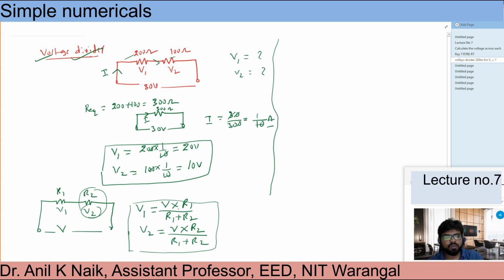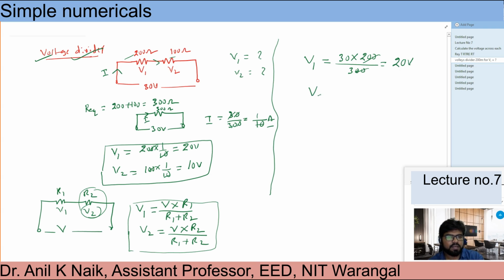So these are the two expressions you can derive for the voltage divider technique. Use these two expressions and you can calculate. What is V1 now by using the voltage divider technique? The source voltage is 30 volts, times the resistance 200, divided by the sum of the two, that is 300. You are going to get 20 volts.